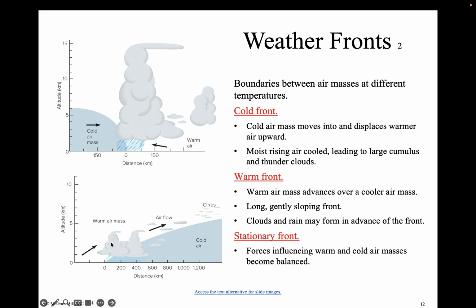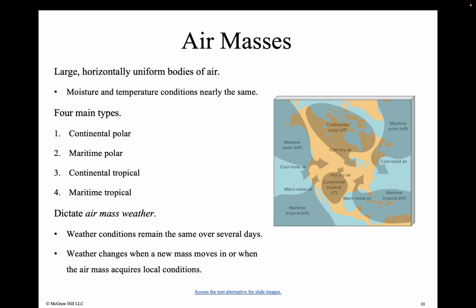All right, so here the clouds will form in advance of the front, so the front is right here and the clouds can form in advance there, but some clouds can also form at the very front, and then that's when we have drizzles, fogs, and the rain here can last for days.